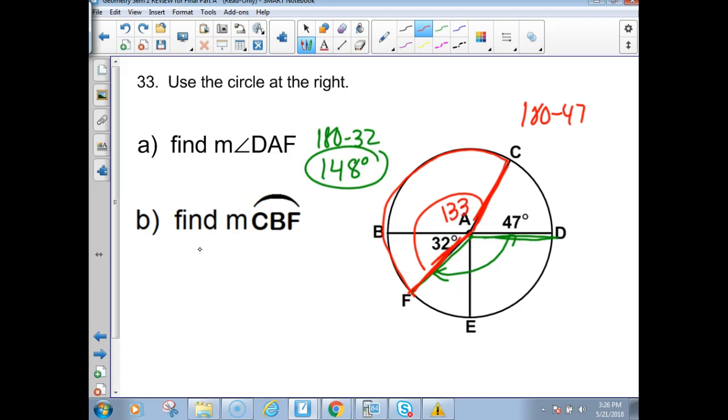And then I could put 133 plus 32 to get CBF. So it's 165 degrees. I already know I got the 133, right? That's 180. I did 180 minus 47 to get that. And then I added these two.